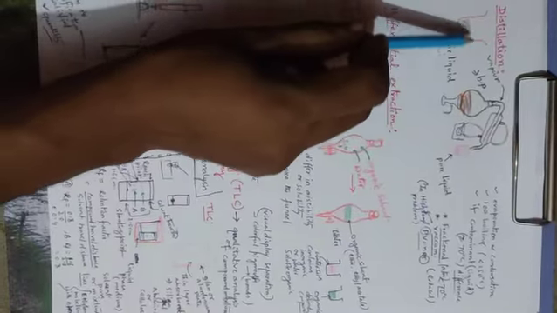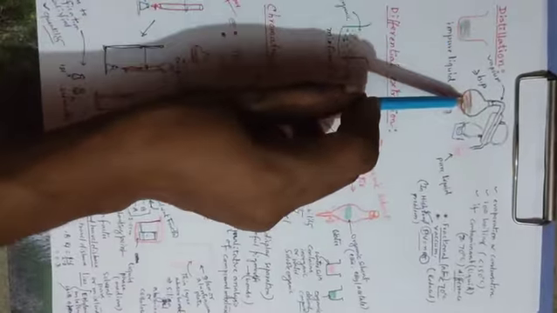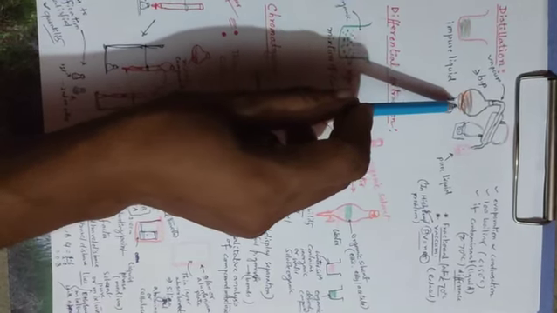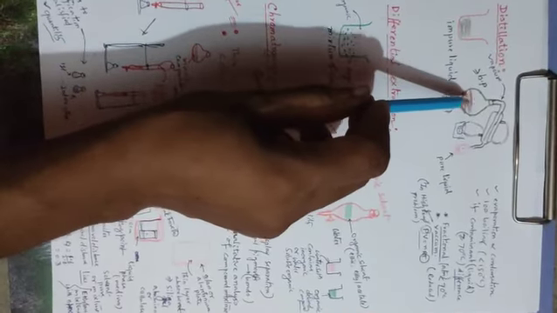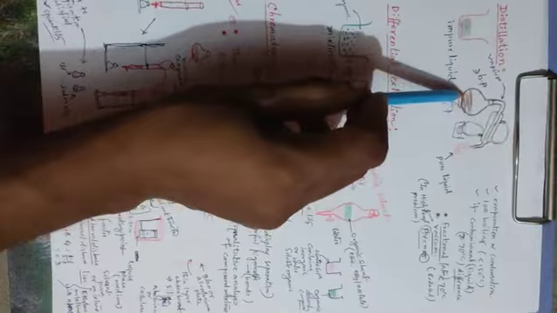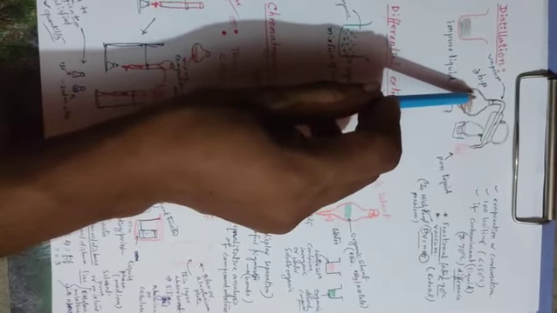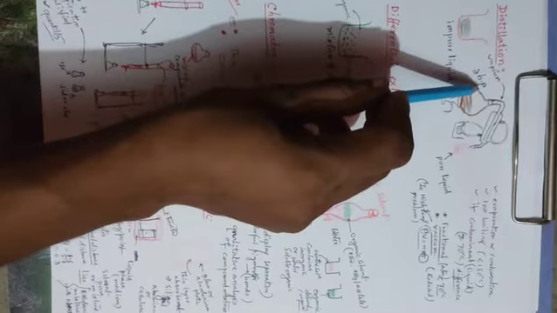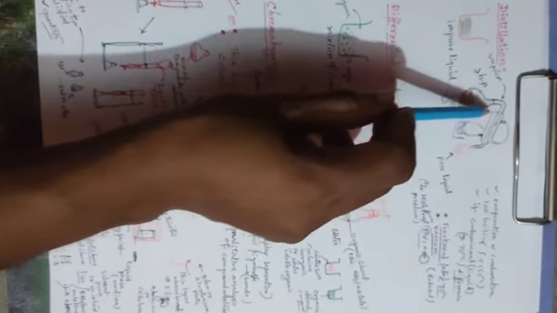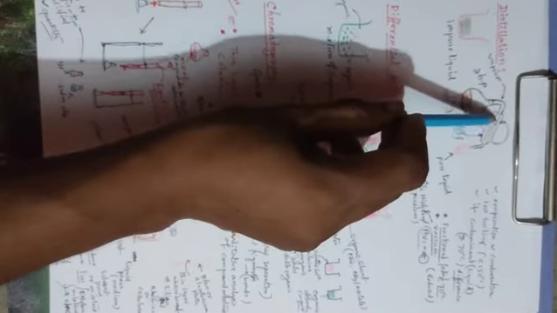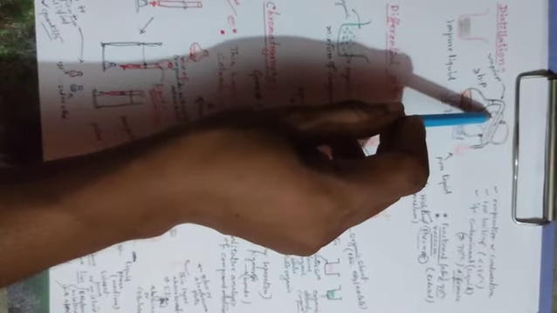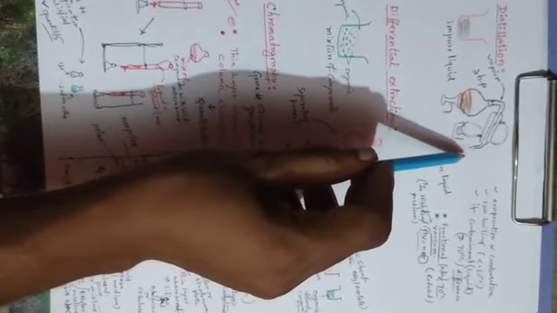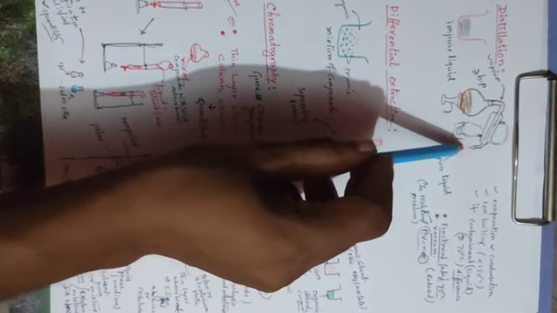where we initially put the impure compound in the distillation flask. We put the heating source here so that this liquid compound reaches its boiling point, so its vapor will be generated, and finally this vapor will condense by its surrounding cool temperature liquid, and after condensation we collect it in another pot.